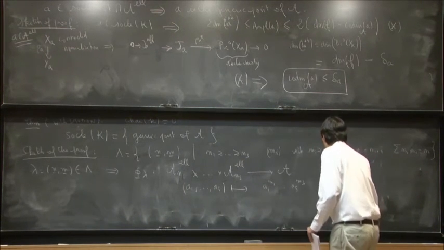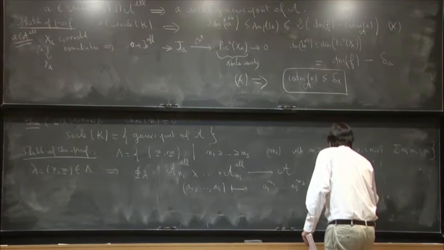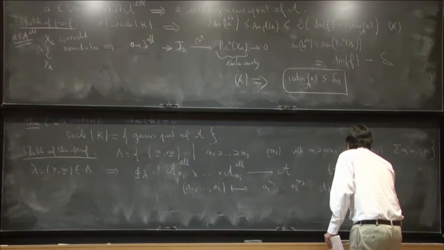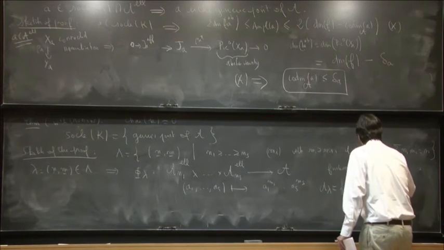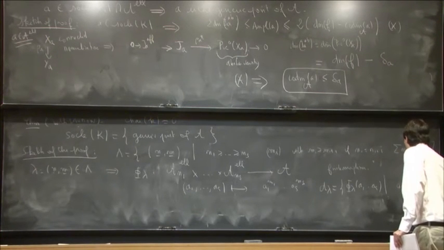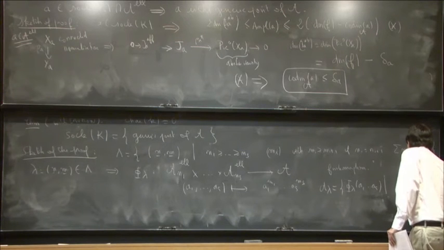And A lambda will be the image by phi lambda of the polynomials such that ai is different from aj if i is different from j.